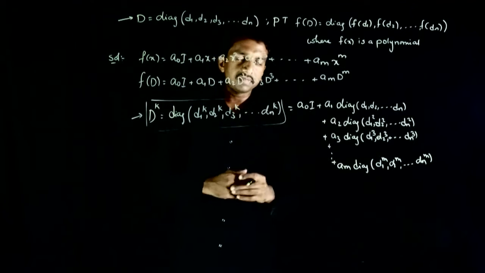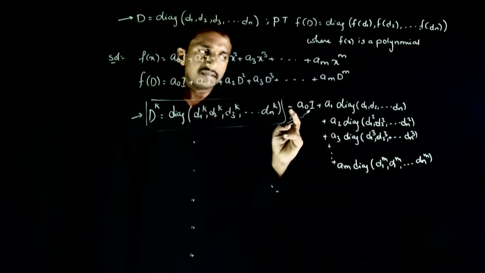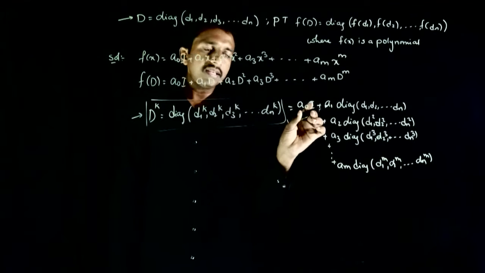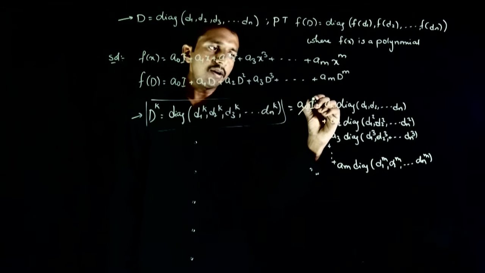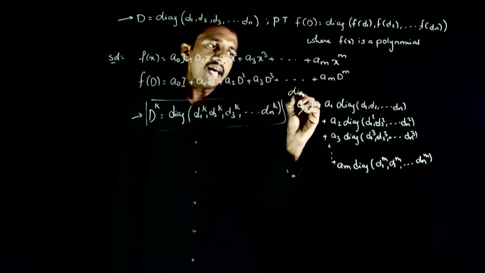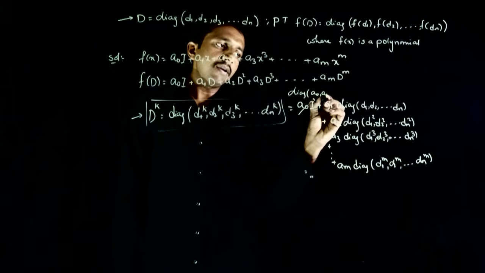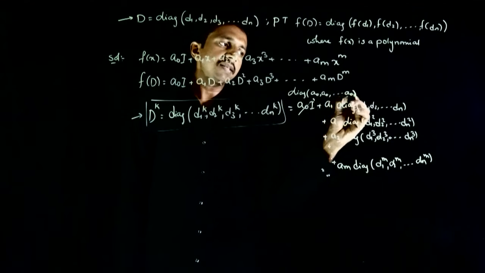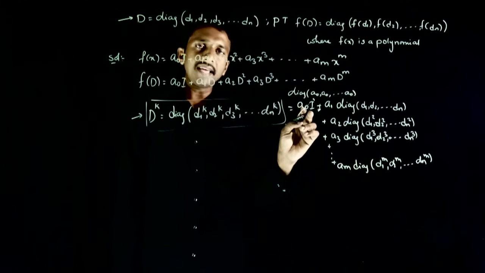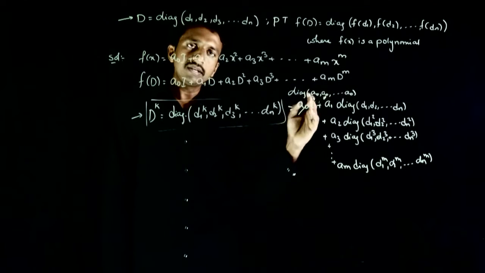So now what happens if I multiply this? So a0 into I is a diagonal matrix whose all elements are a0, a0, a0 up to the last a0, क्योंकि I is 1, 1, 1 on the diagonal.